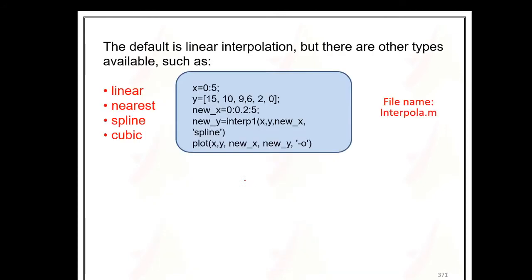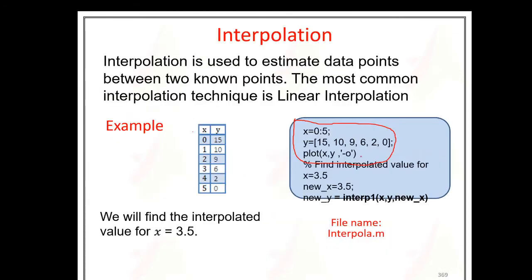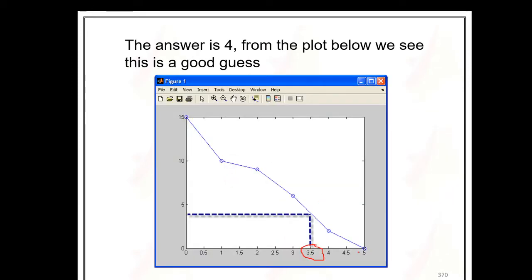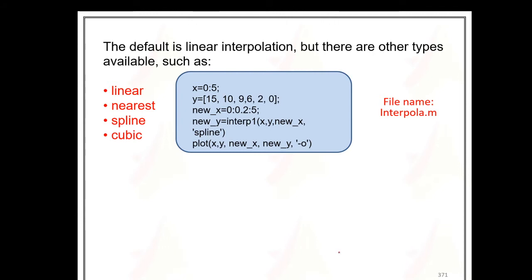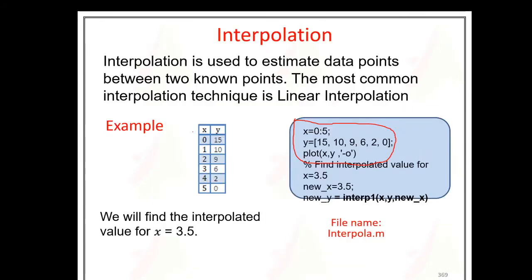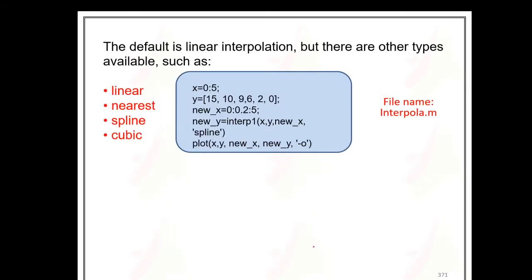In the coding you can see new x equal to 3.5. I am using the command interp1 with x, y, and new x, the value at which to interpolate. Extrapolation is also available, but here I am talking about interpolation only.